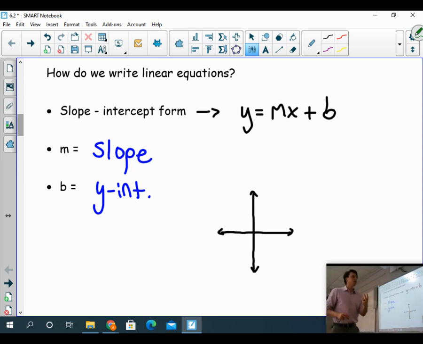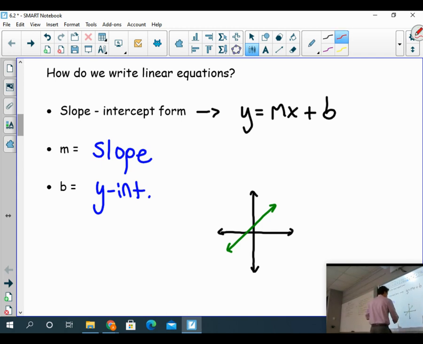Well, that idea of interception carries over to the y-intercept. What happens? Well, the y-intercept is where a line, the graph of a linear equation, switches sides. Specifically for the y-intercept, it is where the linear equation switches sides of the y-axis.